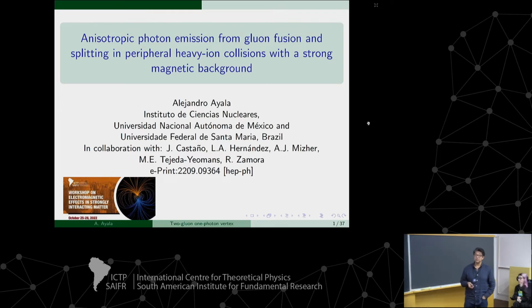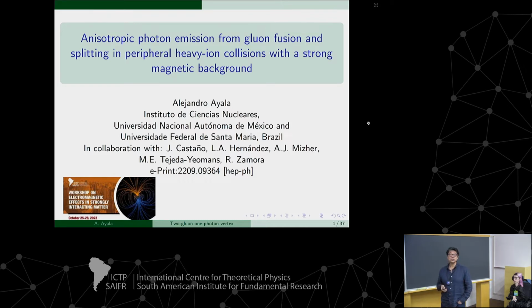In particular, one of the observables that is a bit complicated to understand has to do with the production of direct photons. In the sense that the standard models that are used to describe these kinds of probes, electromagnetic probes, seem not to describe at the same time certain parts of the direct photon spectrum.